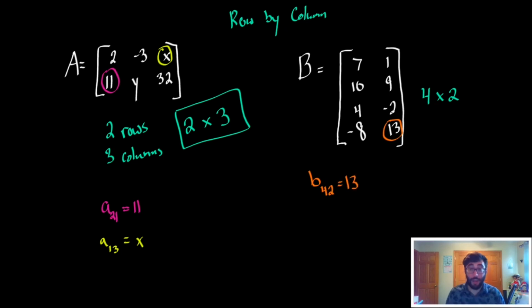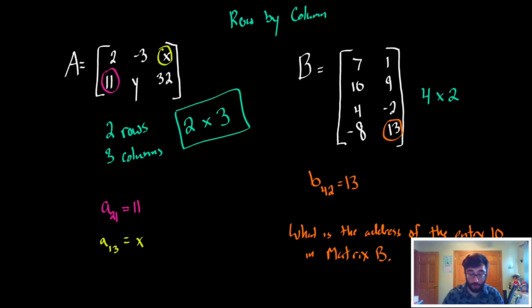And I can also flip it a little bit. Let's say I want to know the address of the entry 10 in matrix B. You're going to have to not only be able to locate what the entry is based off of the address, you're also going to have to be able to give us what the address actually is.